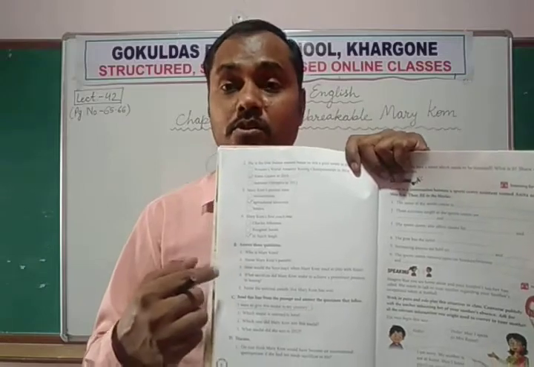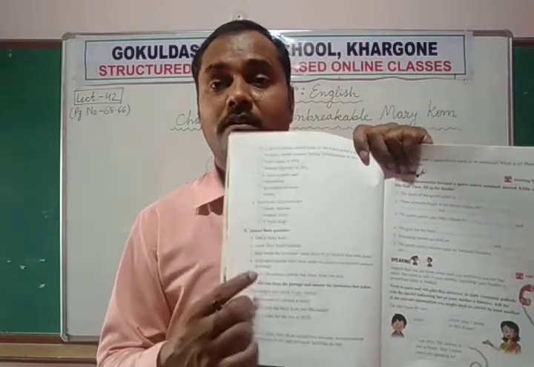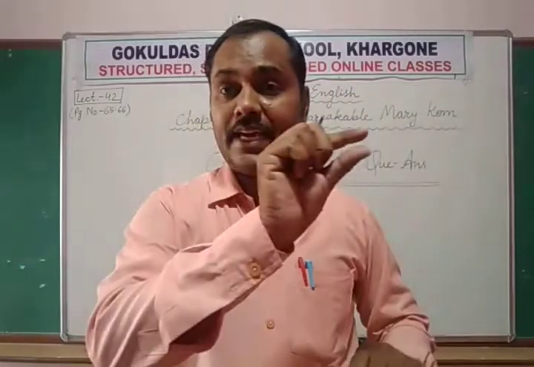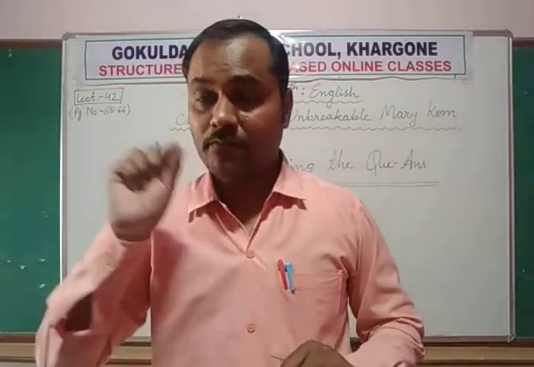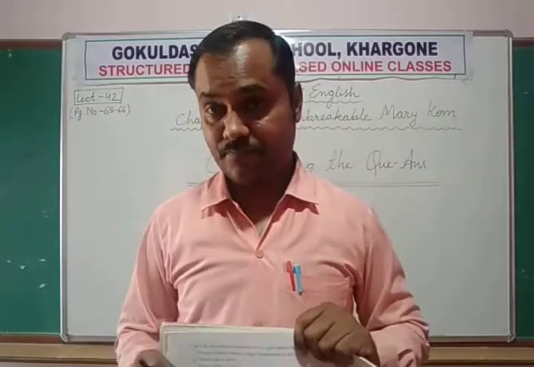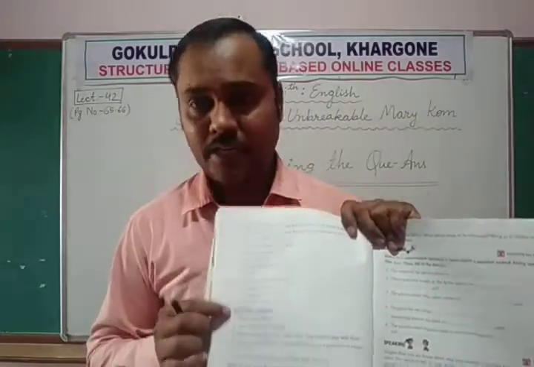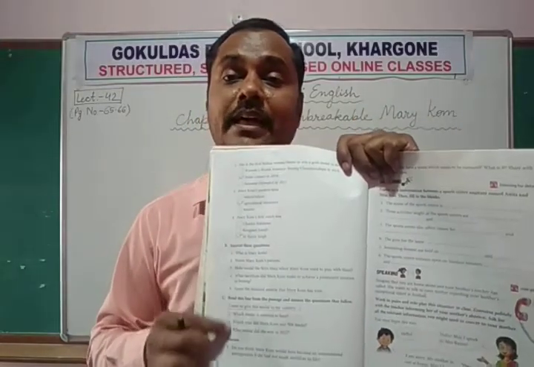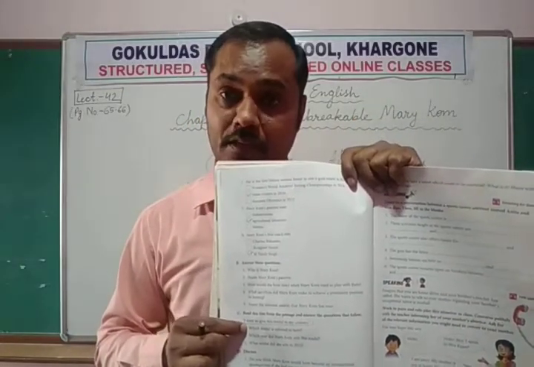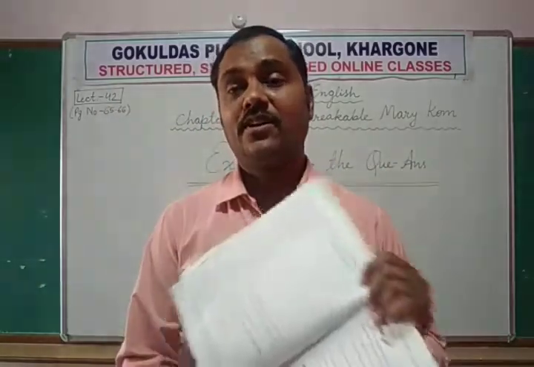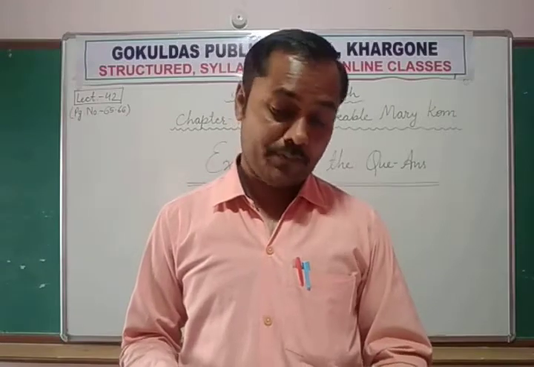But one or two questions like exercise C: take one or two lines from anywhere in the chapter and make 3 questions. So finally, 4 questions like exercise B and 1 question like exercise C, in which you need to prepare 3 questions. That is how you need to prepare.